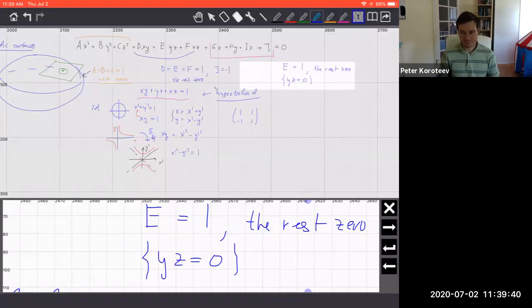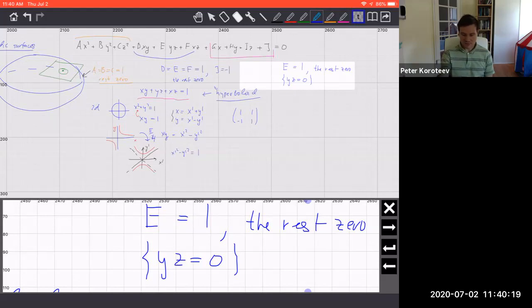What's that? An intersection of two planes, which ones? Yes, y equals 0 and z equals 0.